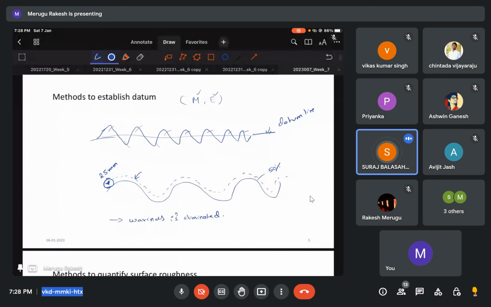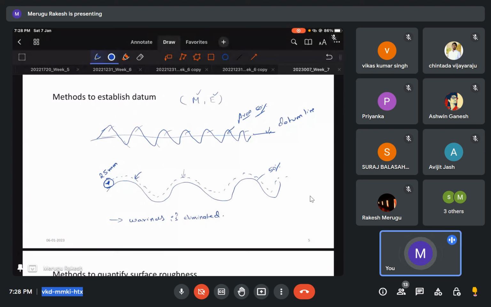What is 50%, sir? That 50% is the area. There are some numericals, and when you do those you will get much more clarity. In the second figure, sir, similarly this is the ideal line that I have drawn.